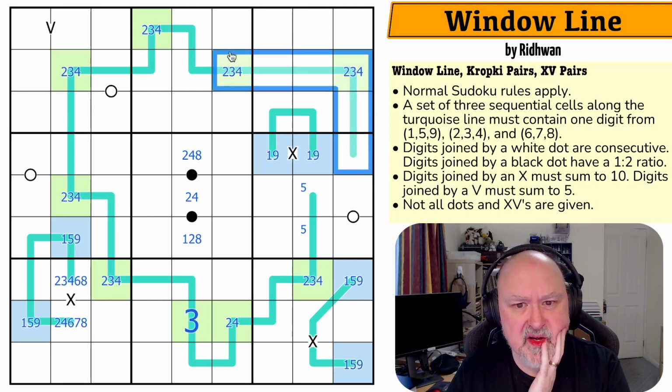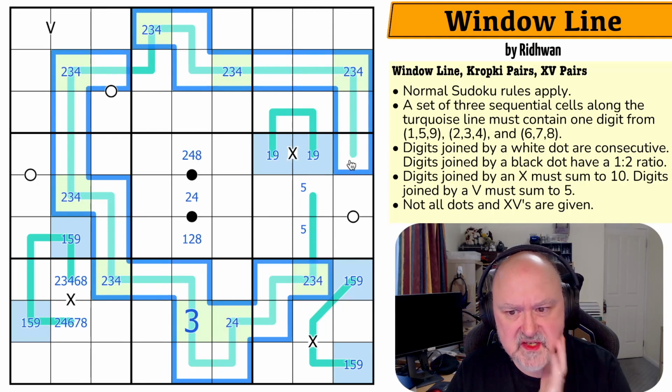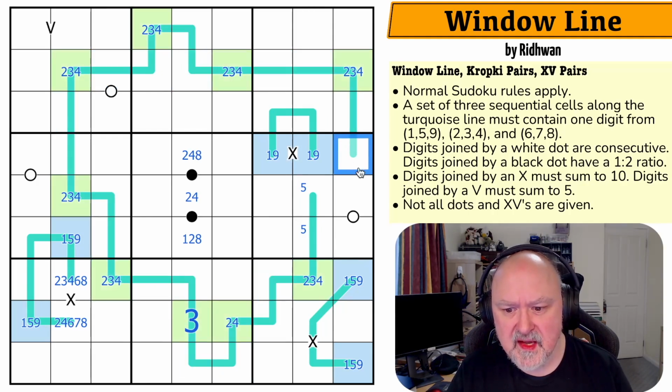I think I might need to colour this whole line to find out what's going on with the other digits, because if this is blue, it's 5, but let's use orange and purple.